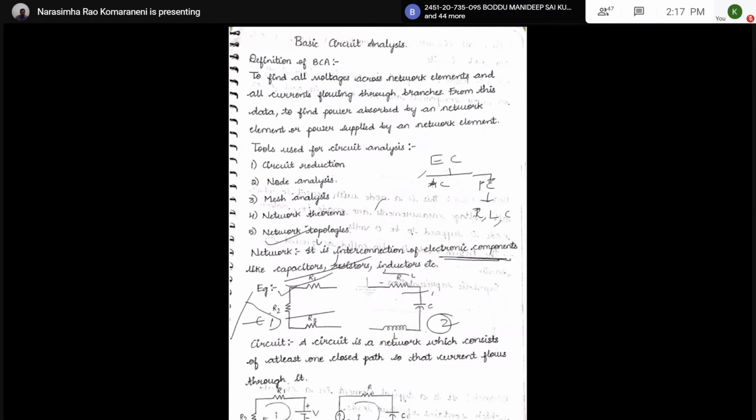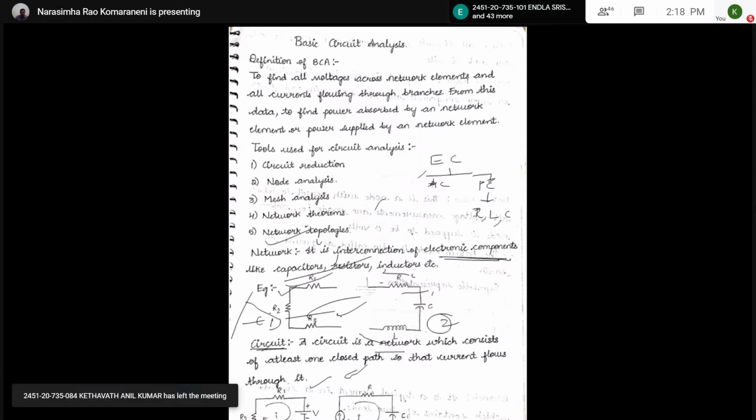Then next, coming to the circuit. What do you mean by a circuit? A circuit is a network which consists of at least one closed path, so that the current flows through it. If you see the difference between this diagram and this diagram, here it is an open circuit, this circuit is not closed.